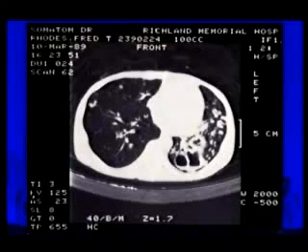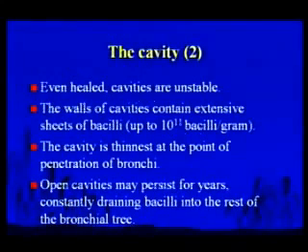This is a CT scan, now the imaging procedure of choice. Notice that this lung, compared to that one, seems to be smaller. It's contracted, and the scar tissue is contracting. And note the presence of multiple thick-walled cavities here. But the cavity can be thin-walled, and it turns out that even healed cavities are unstable.